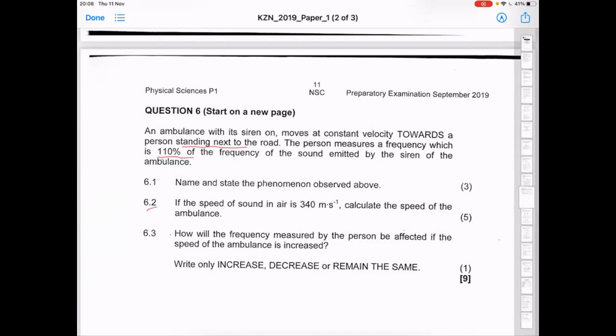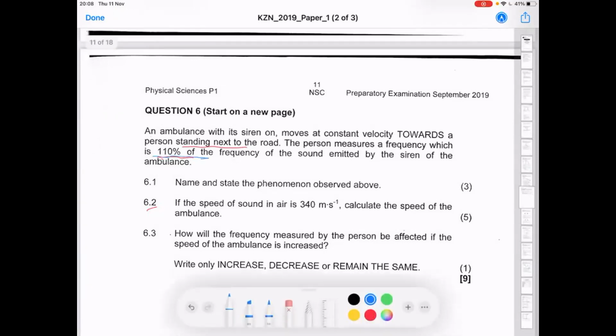Now they tell us that the person measures a frequency which is 110% of the frequency of the sound emitted by the siren. The frequency of the sound emitted by the siren is the frequency of the source, so what the person measures is 110% of that frequency.